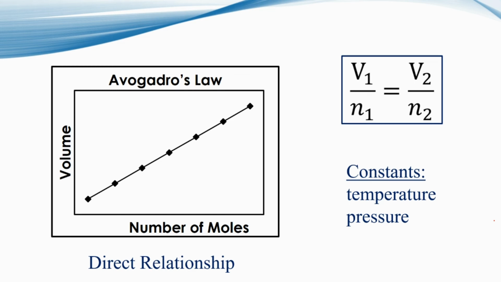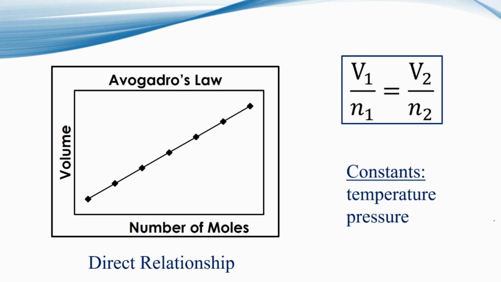Because we don't want the pressure to increase, all these particles that we're adding into the container can't hit the walls more often, since pressure is staying constant. Then in order to make up that difference, the volume of the container has to be larger. So the more moles there are, the higher the volume has to be in order to keep the temperature and the pressure the same.